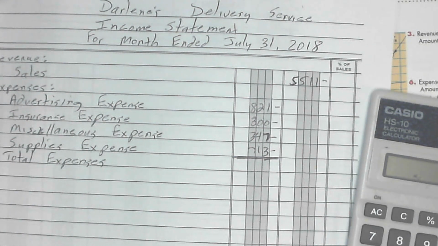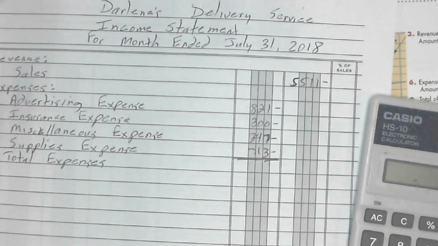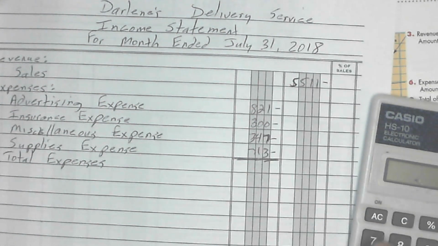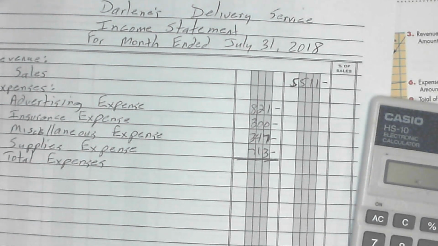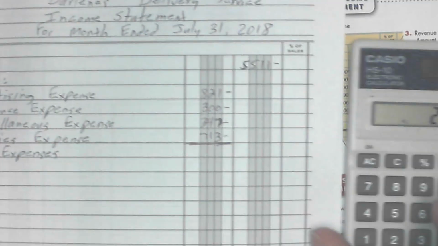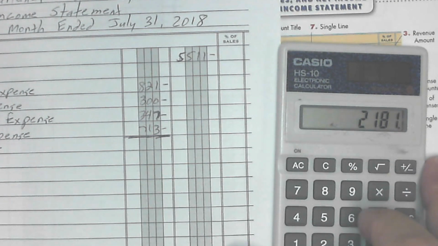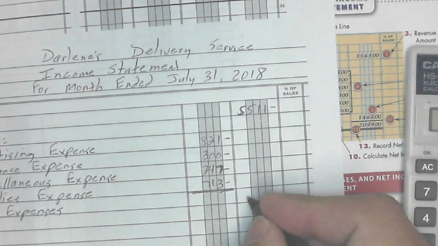And these are 821 plus 300 plus 347 plus 713, which is 2,181. That goes over here.